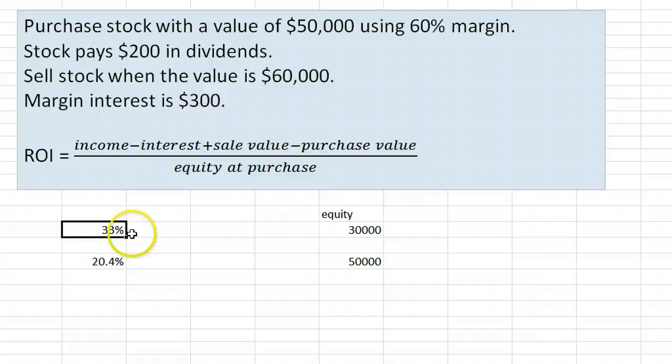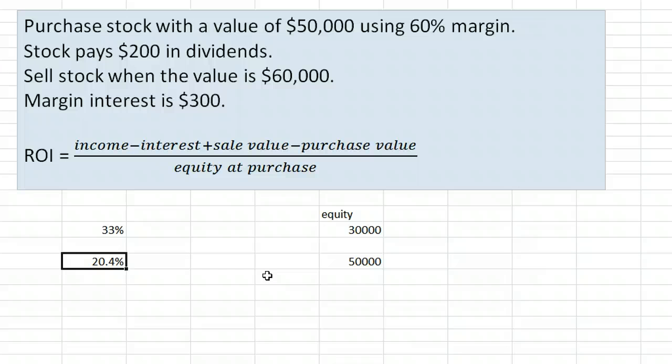That is because we made the same amount of money, essentially this $10,000 that the stock increased in value, but we only used $30,000 of our own money. So making $10,000 using $30,000 is a better return in percentage terms than in this example where we made $10,000 by using $50,000.